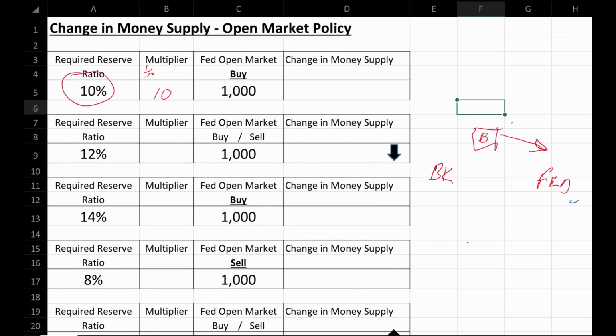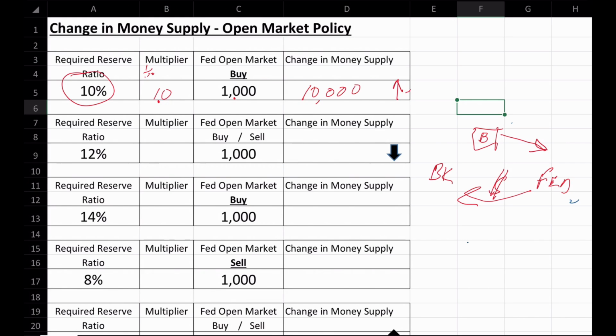And so the Fed, to buy the bond, is going to ship dollars to the bank. Once the bank has the dollars, they can loan the money. So there's going to be an upward change in the money supply. How much? 10 times the multiplier, $1,000 times 10. So we're going to inflate the money supply by $10,000 with a $1,000 bond purchase.